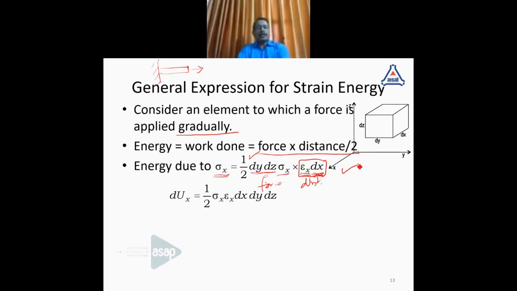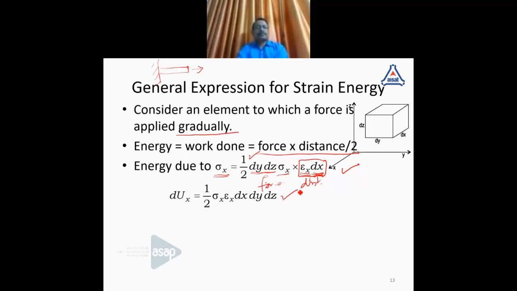Now the contribution of strain energy is half of sigma x into epsilon x into dx dy dz, and this is the volume.